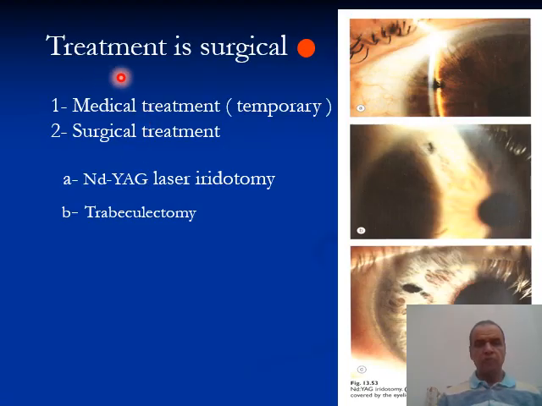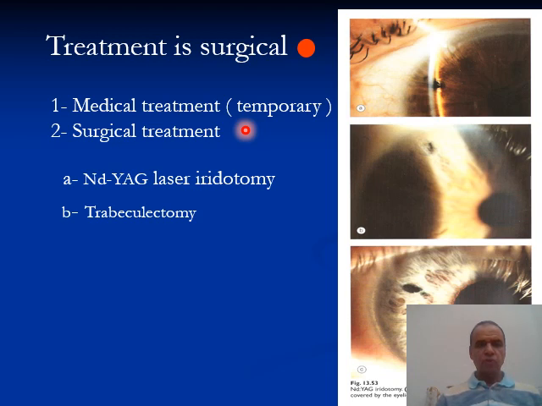The treatment for acute congestive angle closure glaucoma is surgical, full stop. But we cannot do surgery on an eye with severe rising of intraocular pressure and a severely congested and inflamed eye.